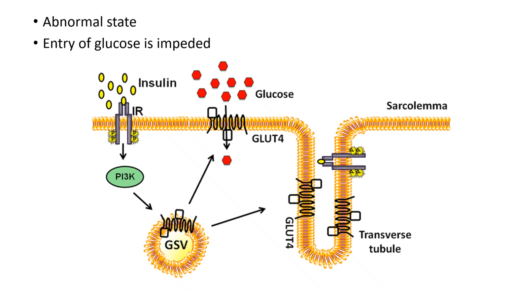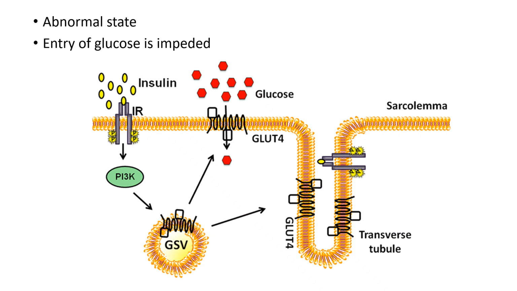So now let's look at the abnormal state. What happens when that insulin is not present? What happens when the insulin receptor binding is inhibited for whatever reason? If those abnormal states persist, glucose is going to be stuck outside of the cell membrane.